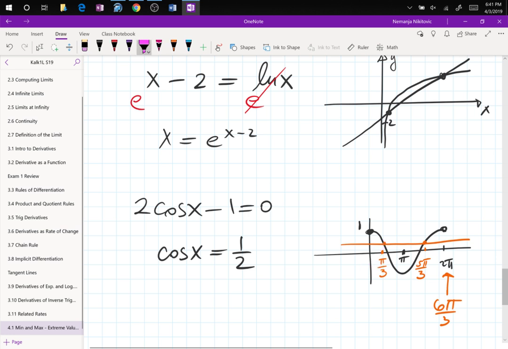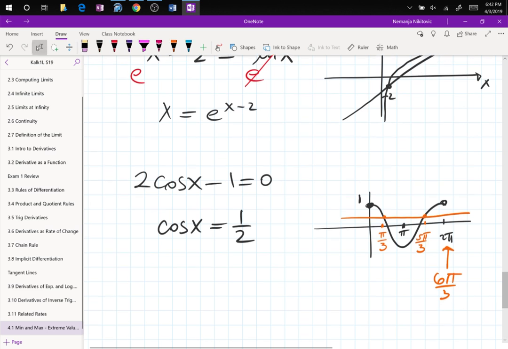So you can use graphing method to determine the number of solutions. Now, unfortunately, no one teaches that anymore, so it's kind of tough to realize that.